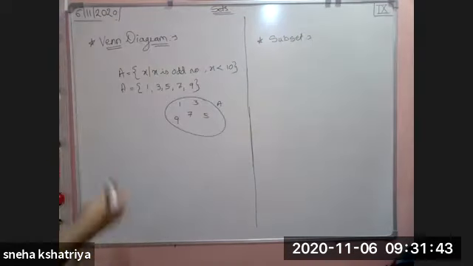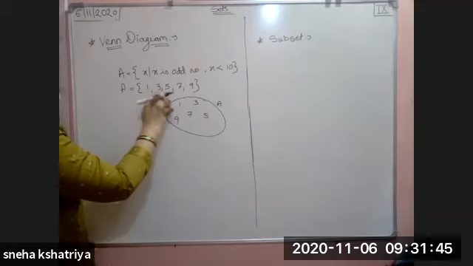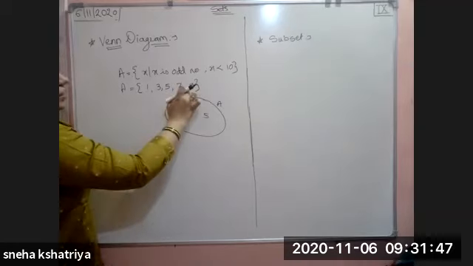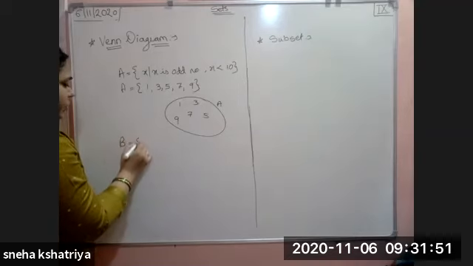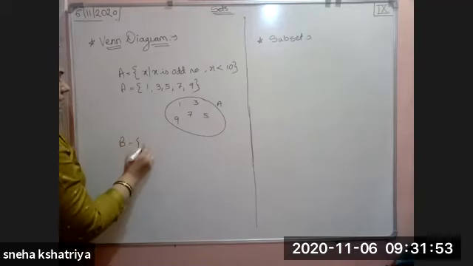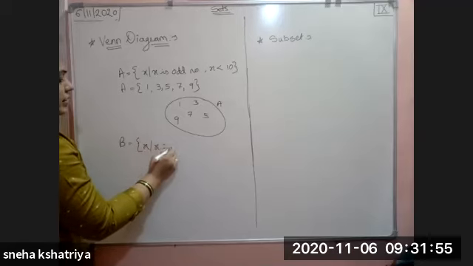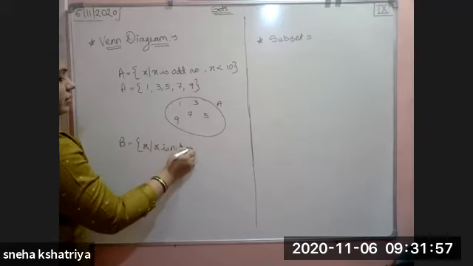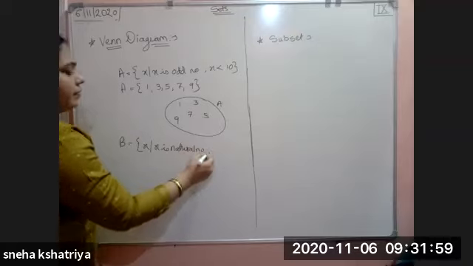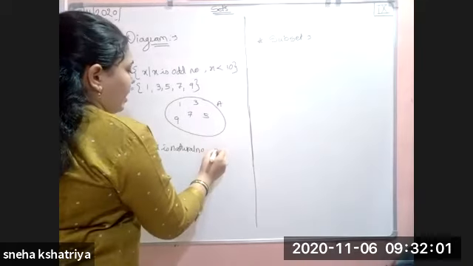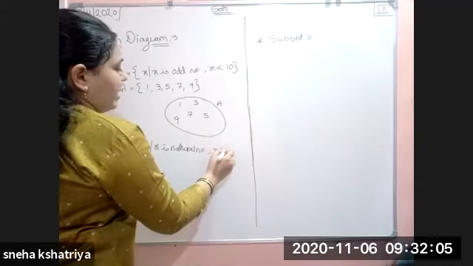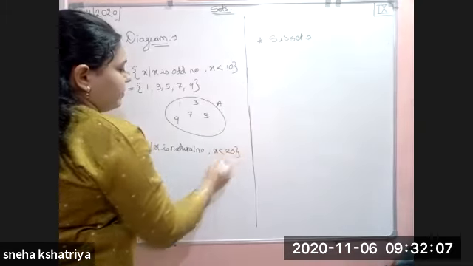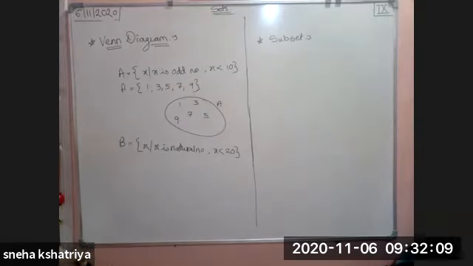Okay, what is a subset? Before that, if I take 1, 3, 5, 7, 9, these are the odd numbers. Say I have a set B equal to X such that X is a natural number and X is less than 20.